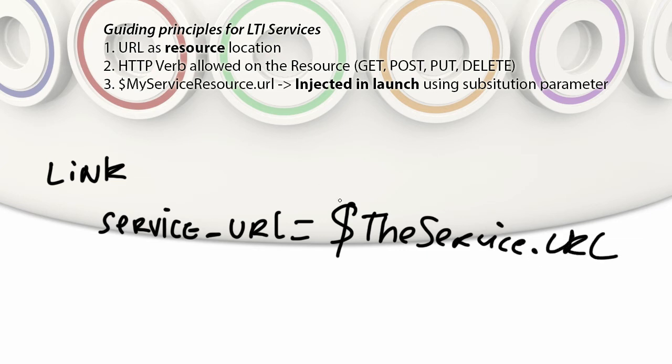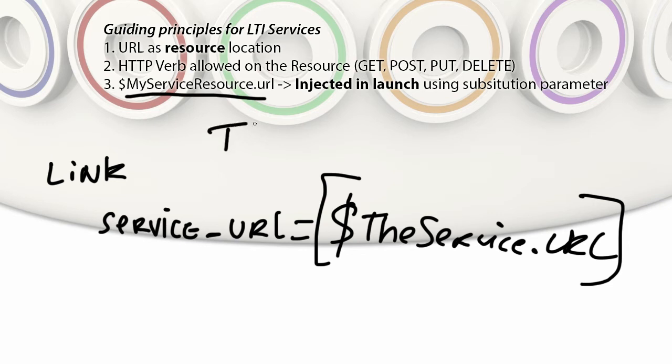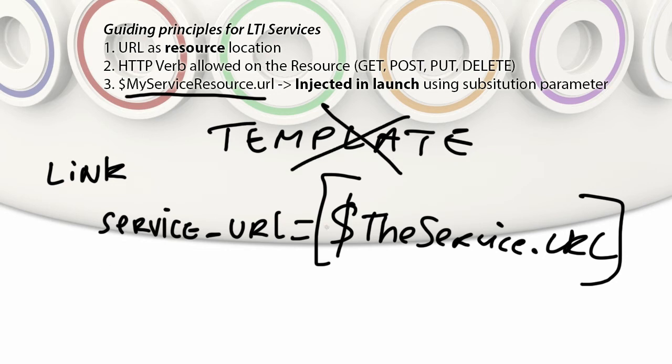And what happens at runtime, as you see here, it has a $ sign. At runtime, the tool consumer is going to replace the service URL with the actual URL, which is going to be resolved based on the current context, on the current user, and it's going to be directly actionable by the tool provider. No prior knowledge of the URL, and no URL template, are required. So URLs can be totally opaque.